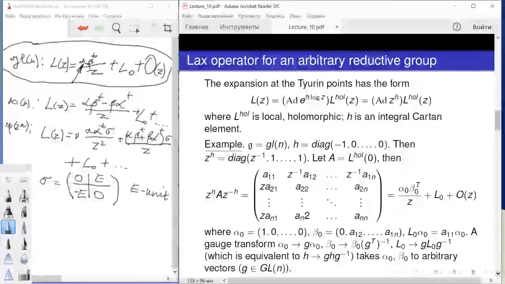As I told, I will deal with the easiest case of GLN.